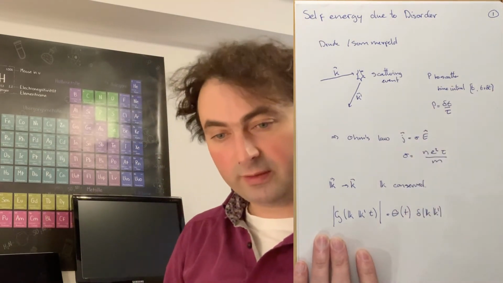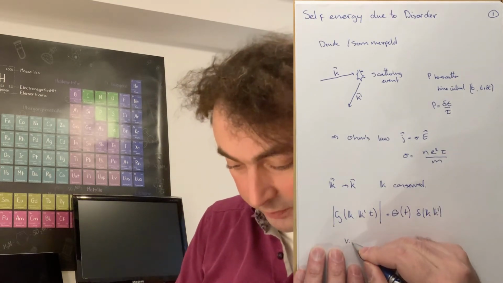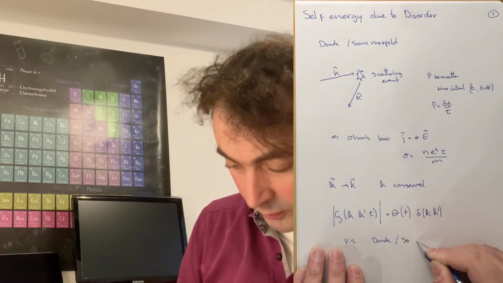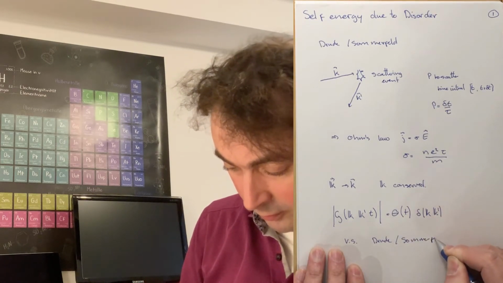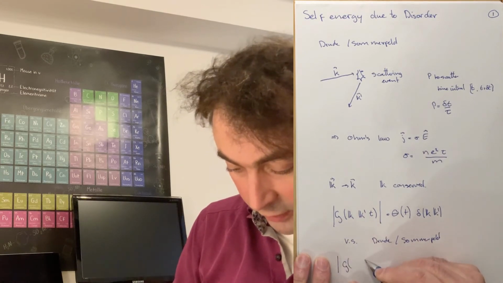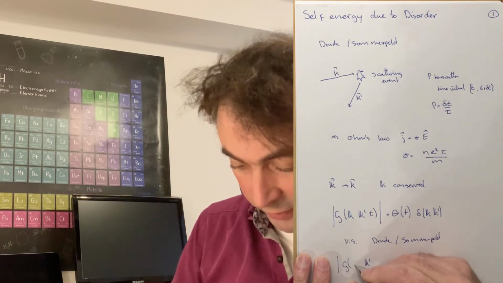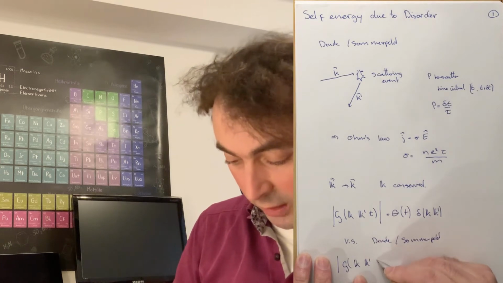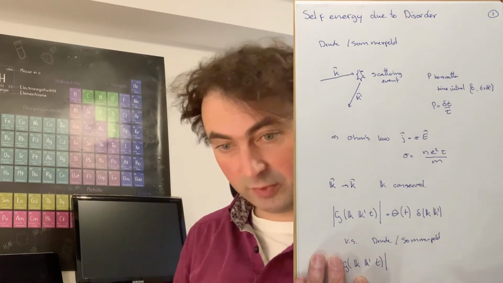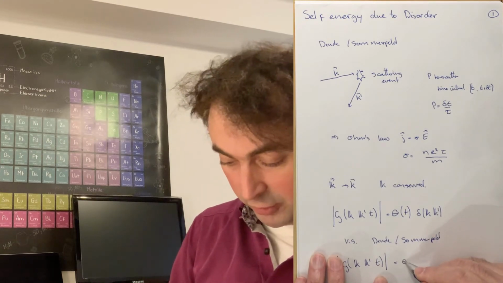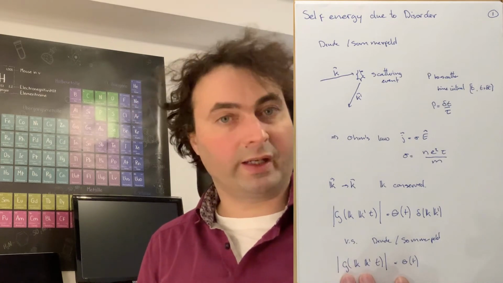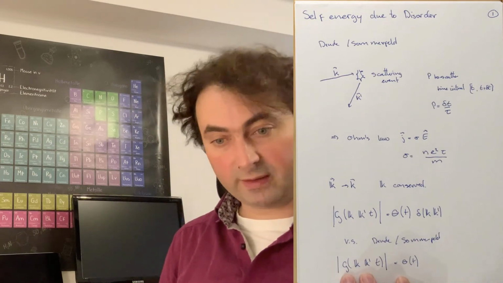Now if we look at the Drude or Sommerfeld model, then we can say, well, if I create an electron with crystal momentum k prime, and I want to see if that has the momentum k sometime later, well then for sure this is only non-zero if you try to annihilate it after you created it.